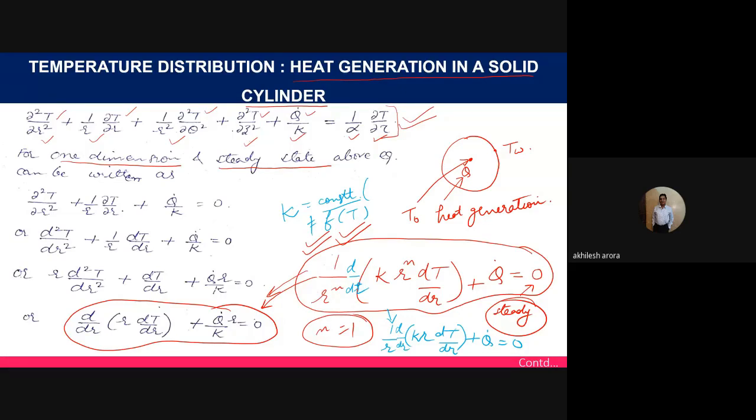So from there, when we take the value of k outside of this differentiation sign, and we divide the whole equation by k and multiply the whole equation by r, you will get this particular equation, d by dr of r dT by dr plus q dot by k r.